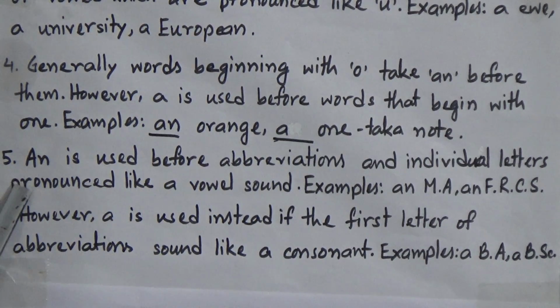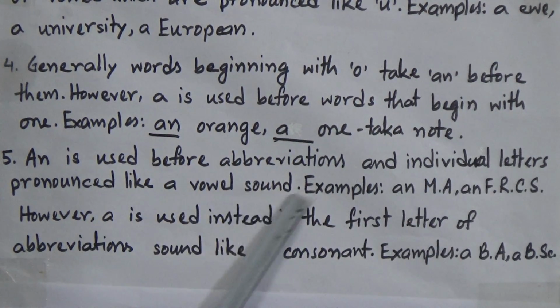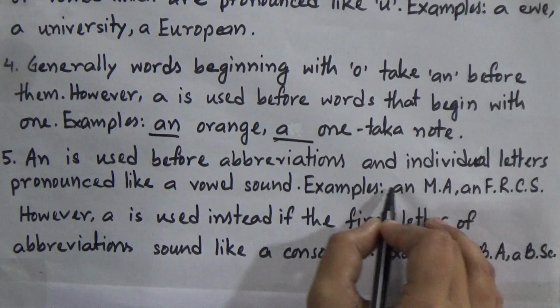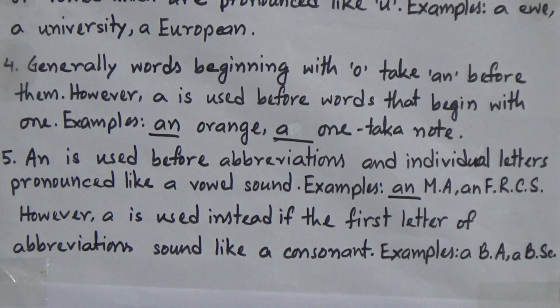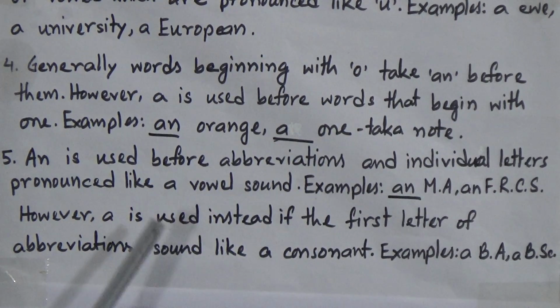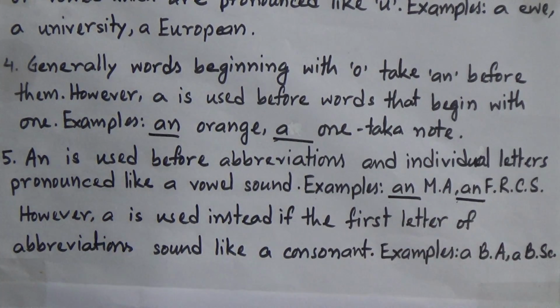Now rule number 5: AN is used before abbreviations and individual letters pronounced with a vowel sound. Examples: an MA, an FRCS. Here M and F begin with vowel sounds, so we use AN in front of those abbreviations.